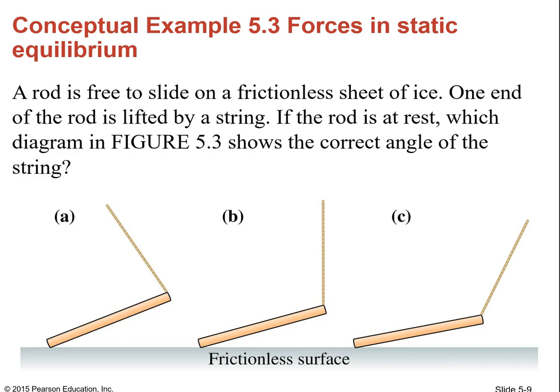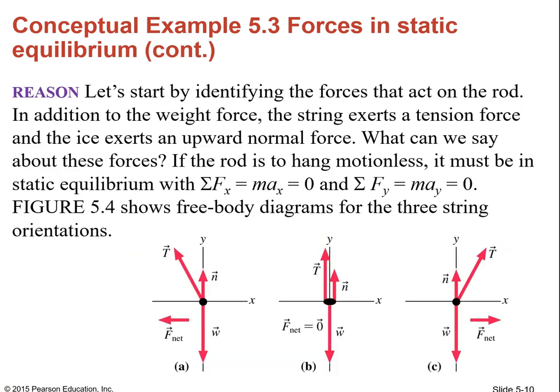All right. So a rod is free to slide on a frictionless sheet of ice. On one end, the rod is lifted by a string. If the rod is at rest, which diagram shows the correct angle of the string? Okay, so if you think about what's going on here, we have to look at this.